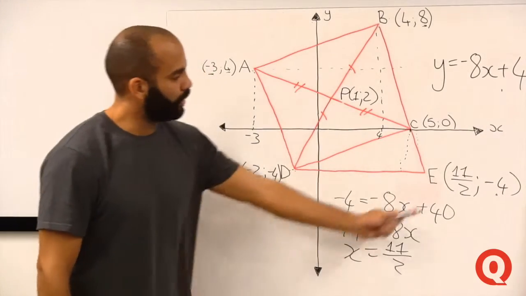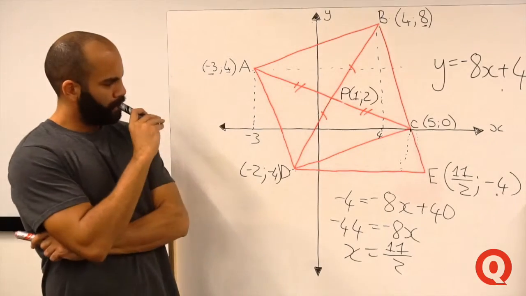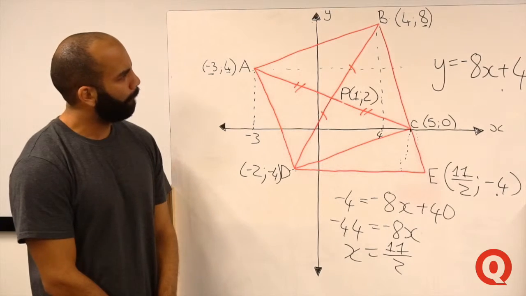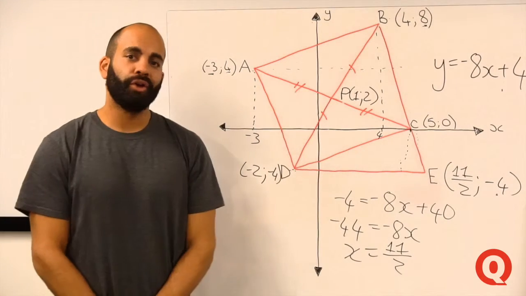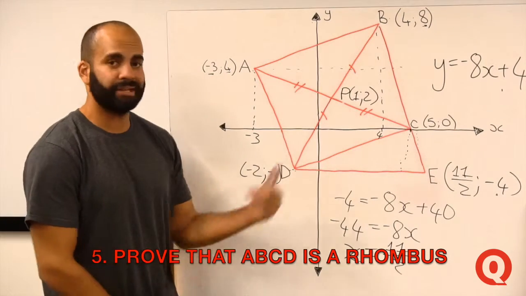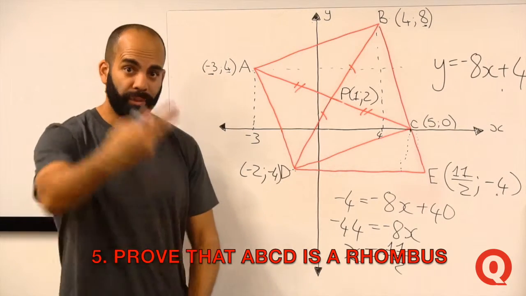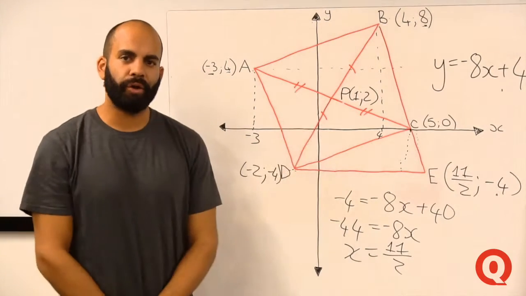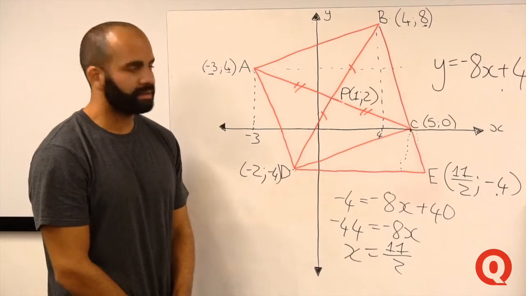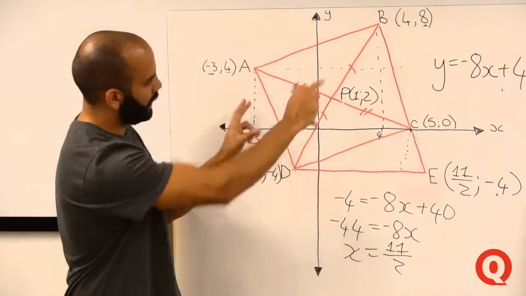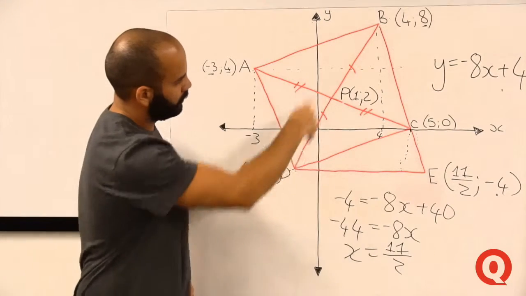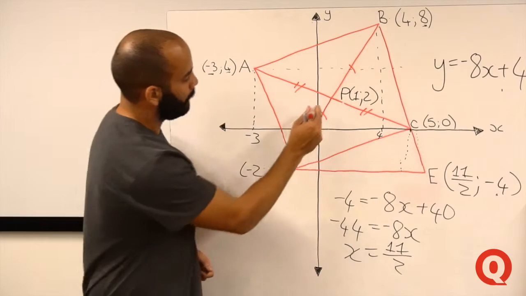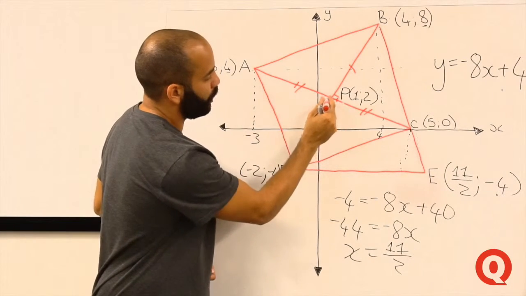So now that you've filled in the last remaining bit of information, an additional off-the-beaten-track question that could be asked to you would be, if this is a parallelogram, could you now prove that it is actually a rhombus? So, knowing the link that I gave you below in the description, how can I prove that this is a rhombus? Well, we know that it has the same properties, that it's got equal sides, it's got bisectors of the same length, but the actual bisectors are perpendicular bisectors of each other.